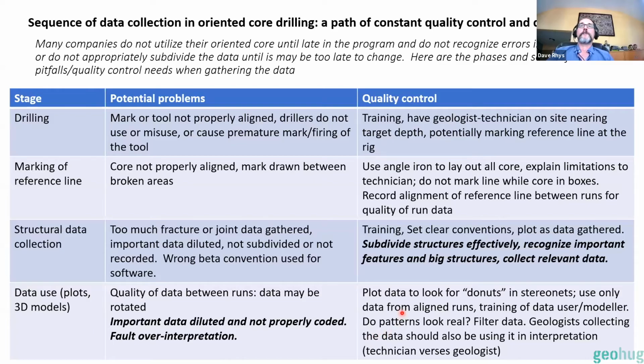So from the QA/QC sense, look for what we call donuts. I'll show you on the next slide, where the common orientations or common structural features rotate around the drill hole in a small circle, suggesting that the reference line on the core is not consistent between runs.